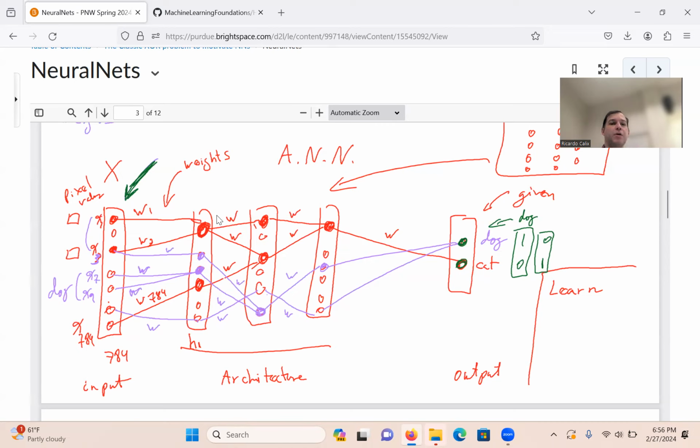In between, if you notice, I have these things called hidden layers, okay? And they're basically, as I said, if you think of the analogy that I gave, you start here and you want to get here. These round things are cities, and then you have these roads. The question is, which roads do you take to get to your final destination?